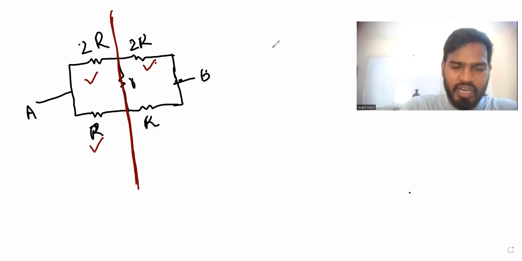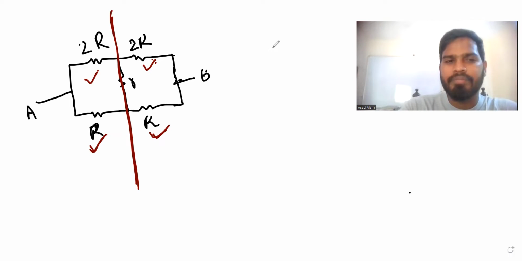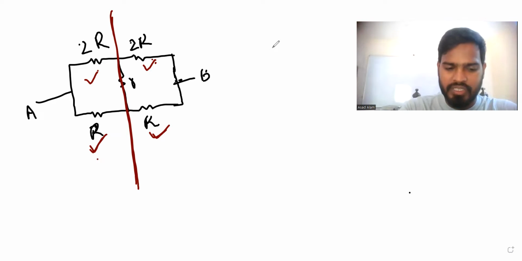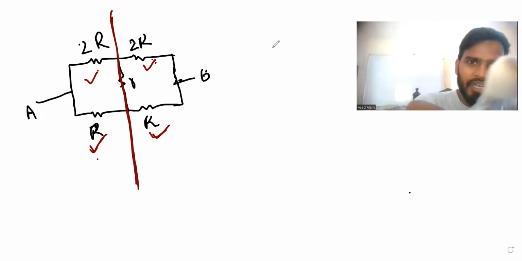If this is R, this will also be R. So this is R, that is also R. Again R, R. So if you keep a mirror there, then R, R, 2R, 2R, R, R. Exactly, you got the same image: 2R, R, 2R, R. It means it is a mirror symmetry.